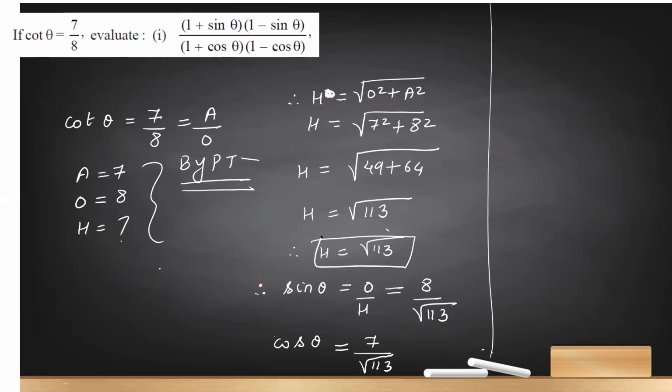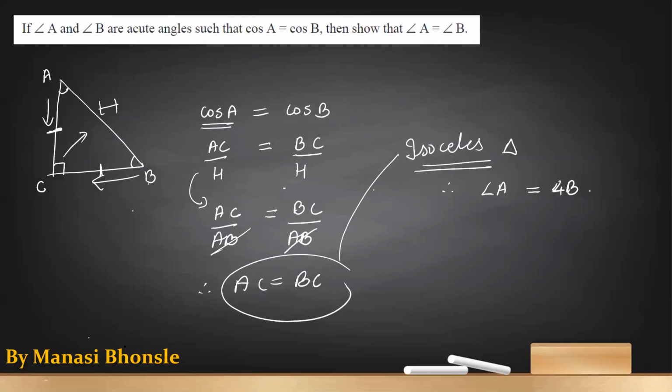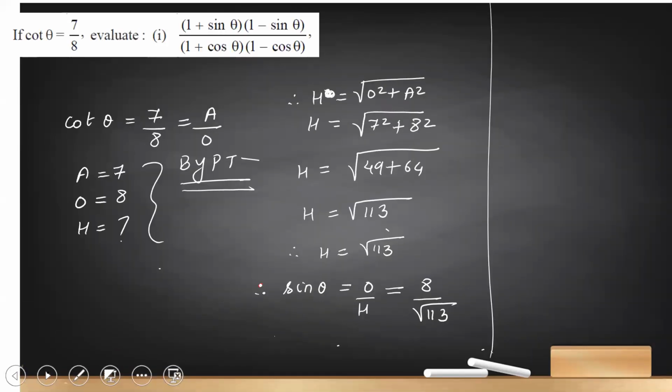And in the evaluation, it has sin theta and cos theta. So first we need to find out those. So sin theta is equal to 8 upon root 113 and cos theta is equal to 7 upon square root of 113. Now let us see. Now what we have to calculate is 1 plus sin theta into 1 minus sin theta. So this is in the format of a plus b, a minus b. So can I write this in the format of a square minus b square?